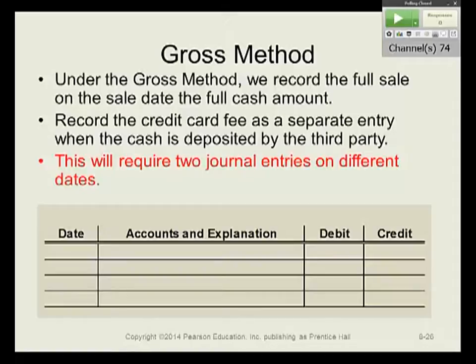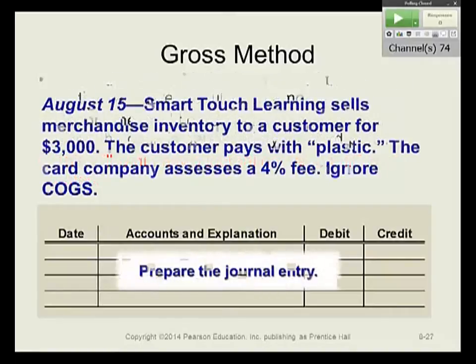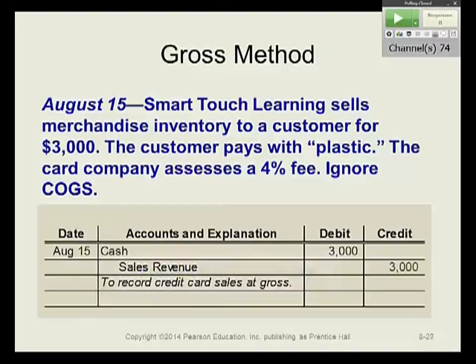So I wait to record the fee until I settle up with the debit or the credit card company. So in this case, once again, it's a $3,000 sale at 4%, the $120 fee. And on the date of the sale, which is August 15th, I don't record the fee at this point. I essentially treat it as a regular cash sale, and I'm going to debit cash and credit sales.